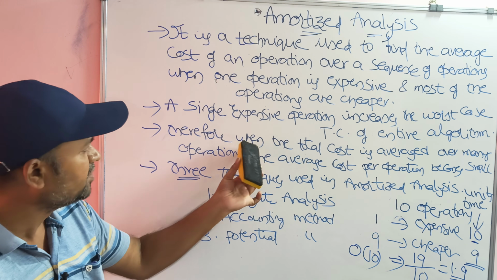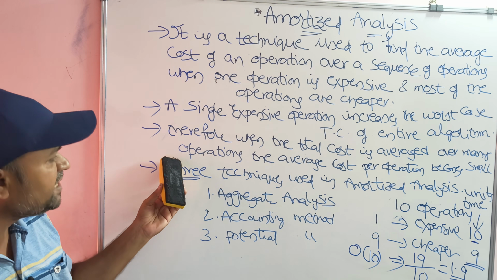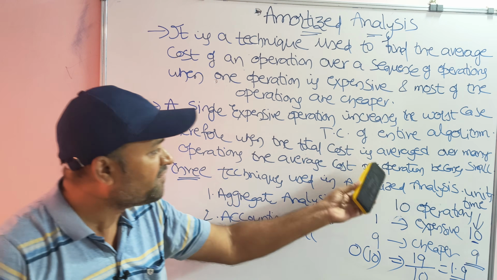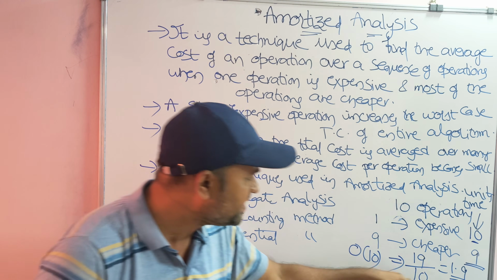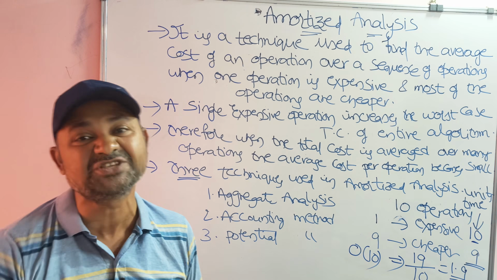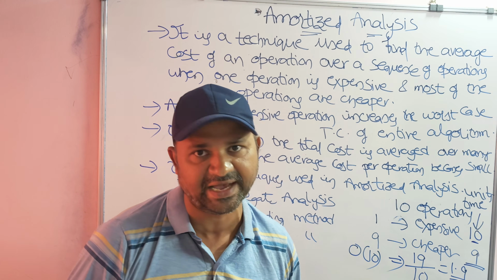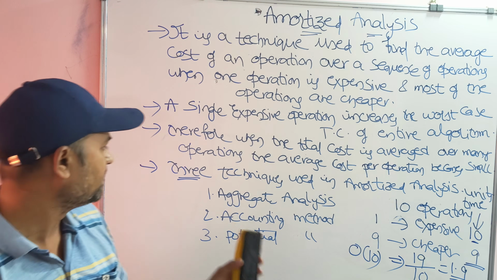Therefore, when the total cost is averaged over many operations, the average cost per operation becomes small. In this algorithm, what is the average cost of each operation? 1.9. So we can reduce from 10 to 1.9.